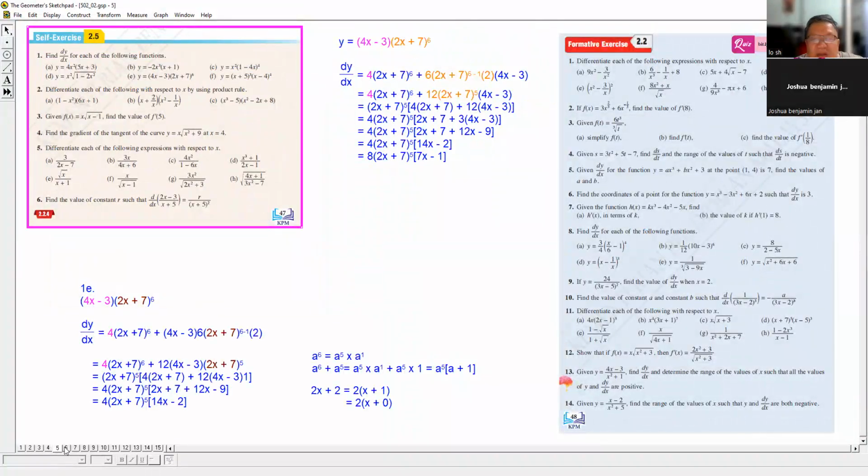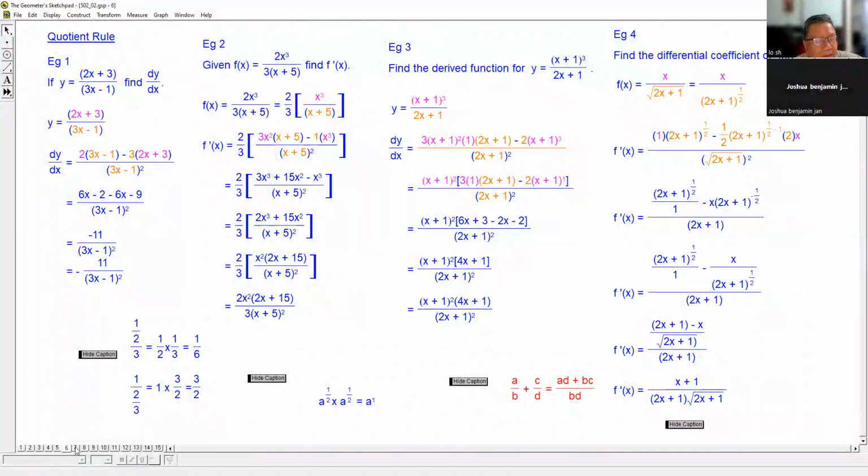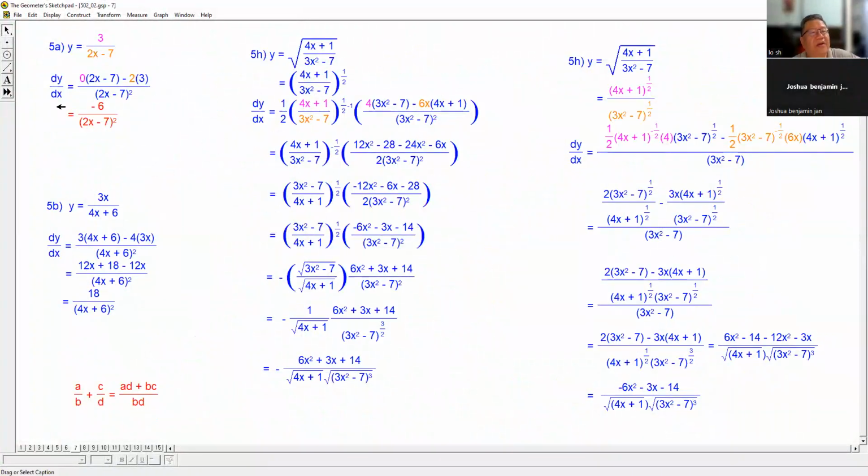Okay, the first one is this one, we treat it as a quotient. So I make two colors. The pink color is at the top. The orange color is at the bottom. You differentiate the pink color first, you get 0.